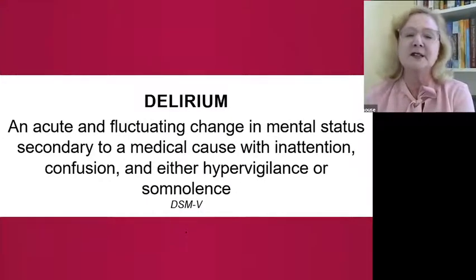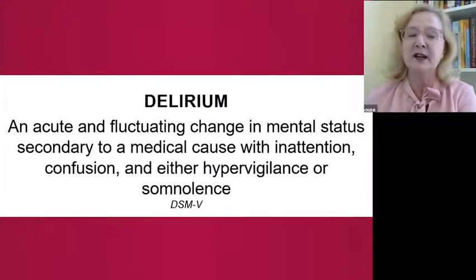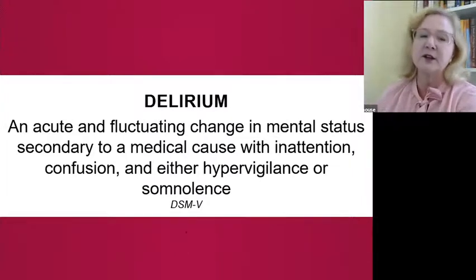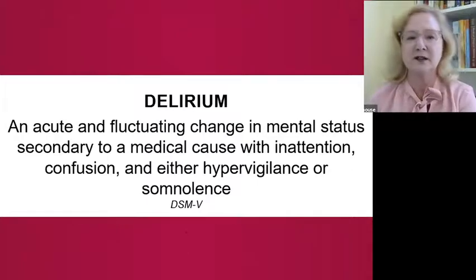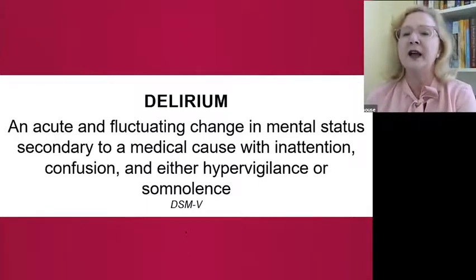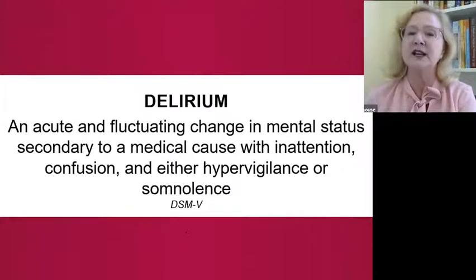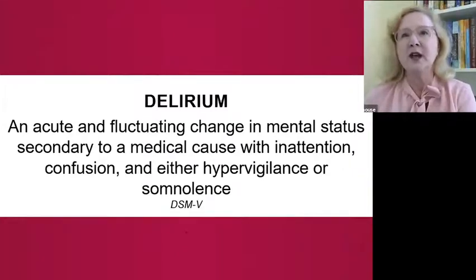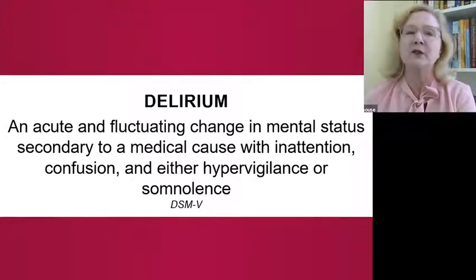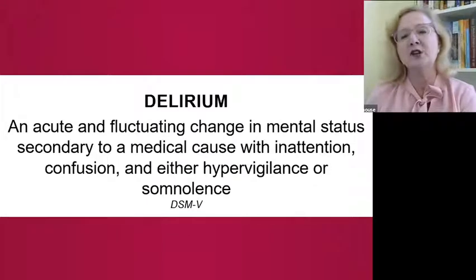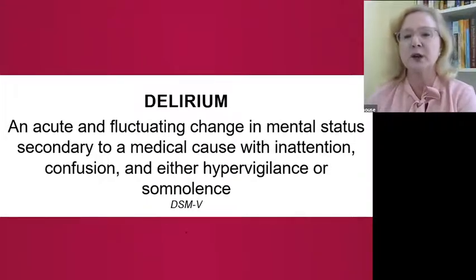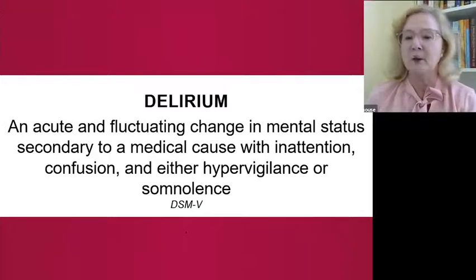As a DSM-5 psychiatric diagnosis, delirium is an acute and fluctuating change in mental status that's secondary to a medical cause. It also involves inattention of that patient. It also has to have attributes of either confusion or disorganized thinking, or a change in level of consciousness, which include hypervigilance or somnolence, lethargy.